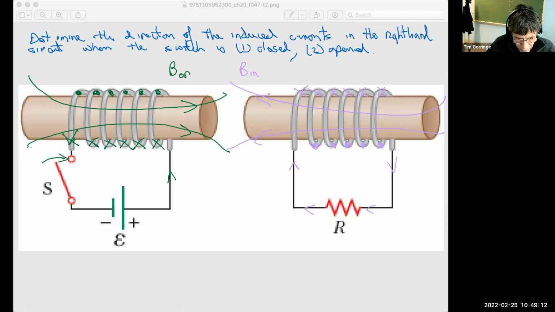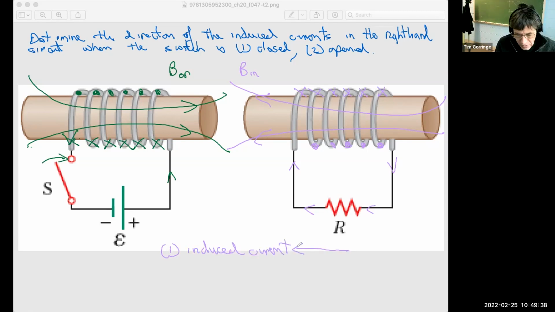And so that's the direction of the current when we've closed the switch in the circuit on the left. Let me just denote that. So the answer to 1 is induced current.